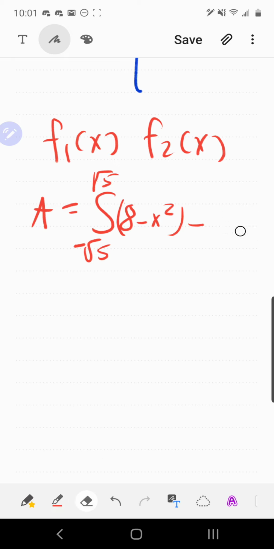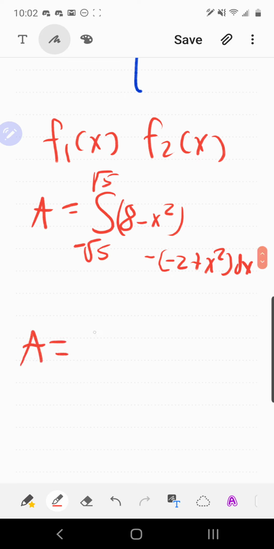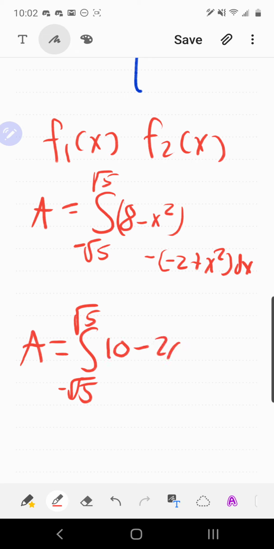We're on the next line. Apologies for not having a lot of room here. Minus negative 2 plus x squared dx. So let's do some algebra and simplify this a little bit. It's going to be what? 10 minus 2x squared dx.